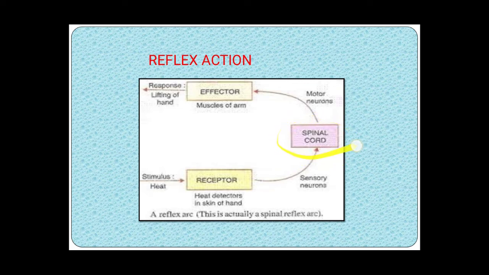So the decision is taken by the spinal cord and it is sent through the motor neurons to the effector, that is muscles of the arm, and we see the response, that is we lift the hand. So in this pathway you find that the spinal cord is the area which decides on the response. So this type of pathway is known as reflex action.